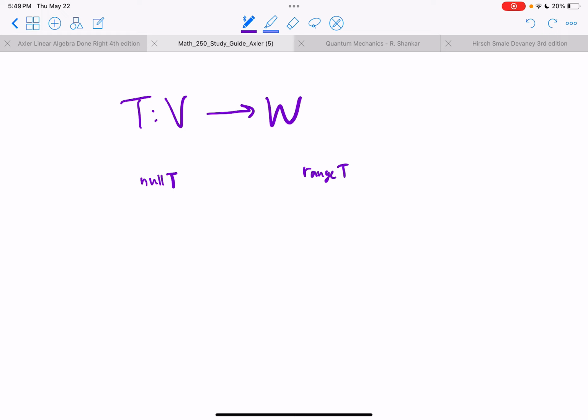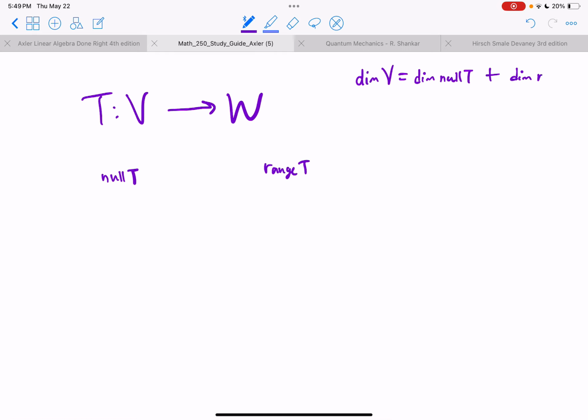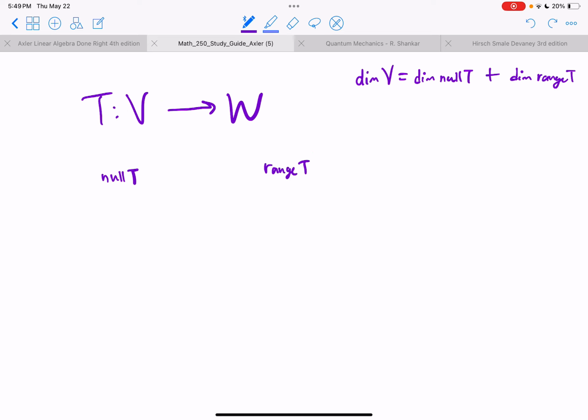And you also know from rank nullity, the fundamental theorem of linear maps, that the dimension of V is equal to the dimension of the null space of T plus the dimension of the range. So that's one of those fundamental theorems that relates the dimensions of these subspaces in completely different spaces.